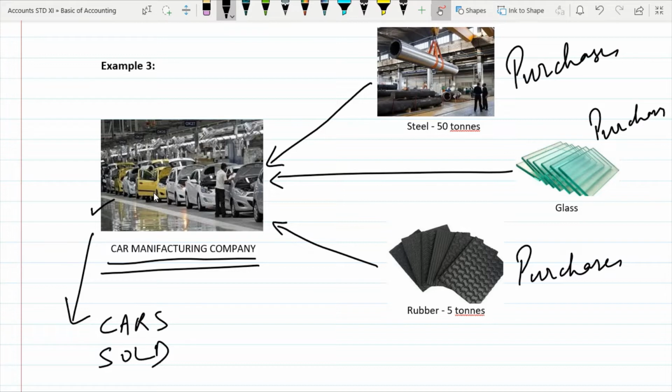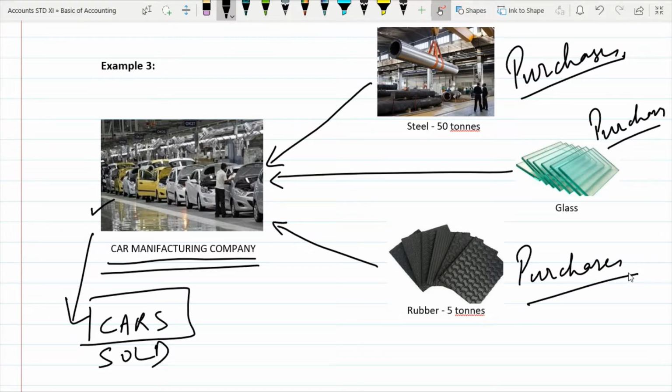No, we are purchasing steel so that we can manufacture the car which is going to be sold. This glass is also for the windows. We're purchasing the rubber for the tire. And what will happen is we are going to have an output. The output is your car, and this car is going to be sold. So therefore all of these will be termed as purchases.